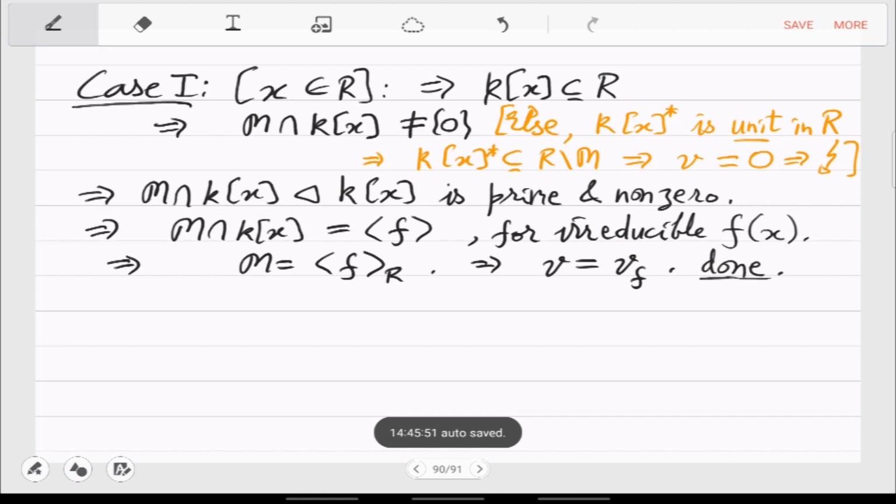Okay, let's go to case 2. And how did we go from there? M intersection K[x] is generated by f, which means M is generated by f in R. No, but f is an element in K[x], right?